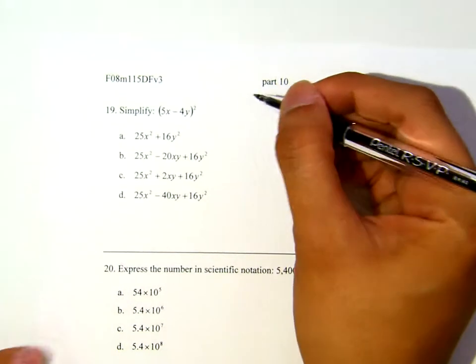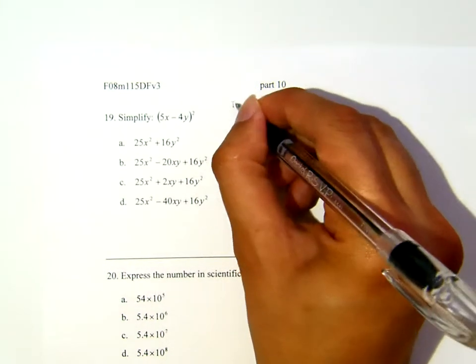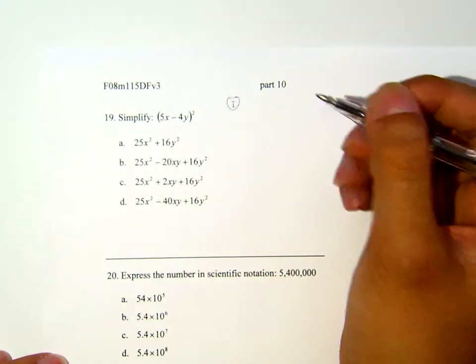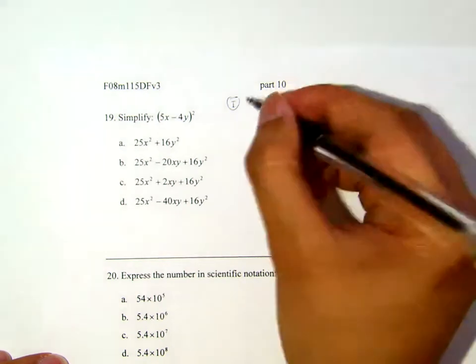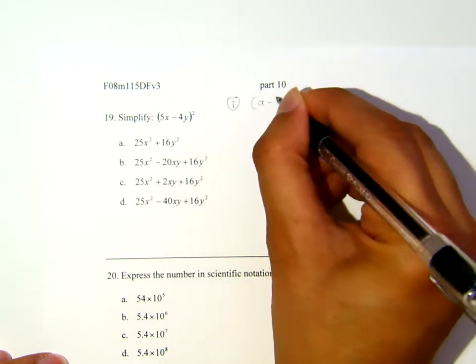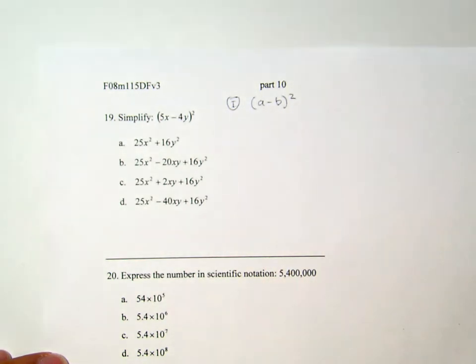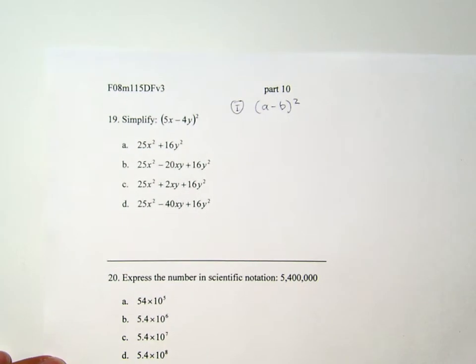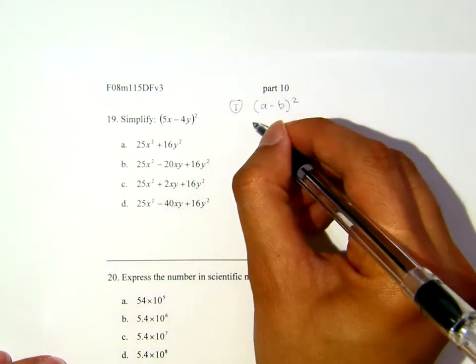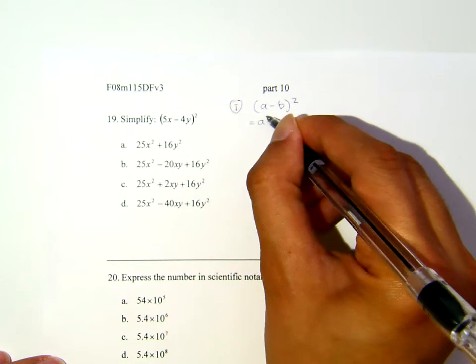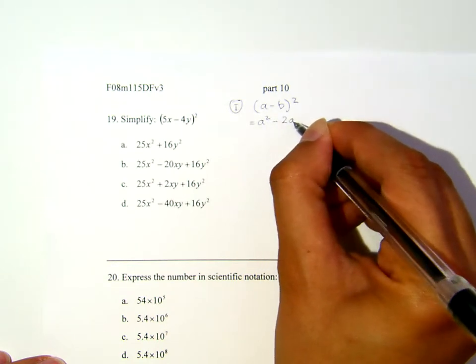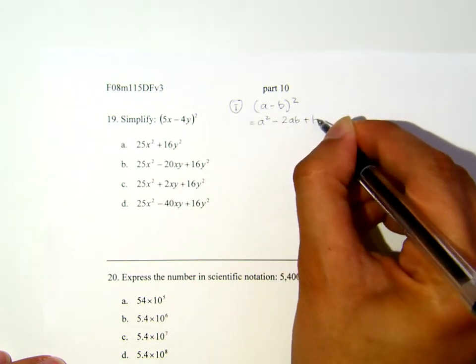And the first way is the way I think you're supposed to know and supposed to memorize, the (a minus b) squared pattern. This is equal to, as we remember, a squared minus 2ab plus b squared.